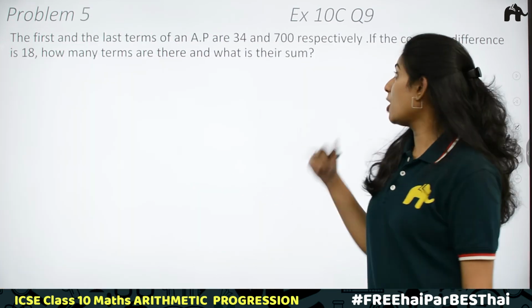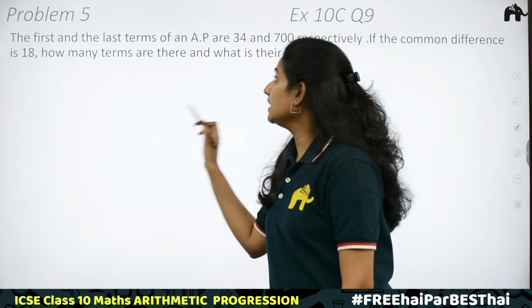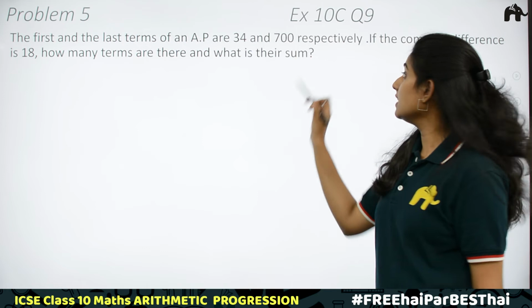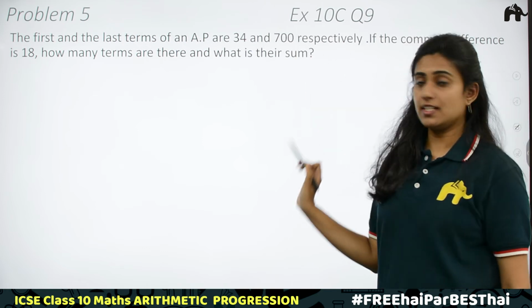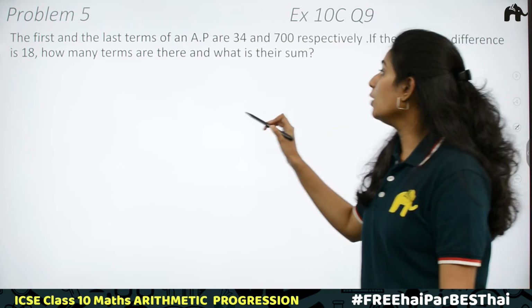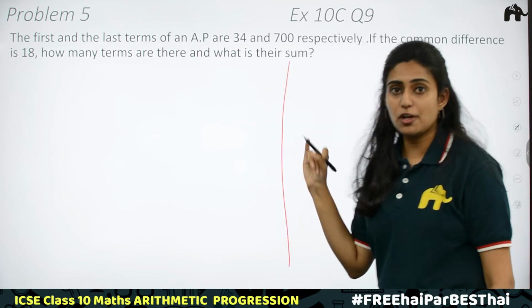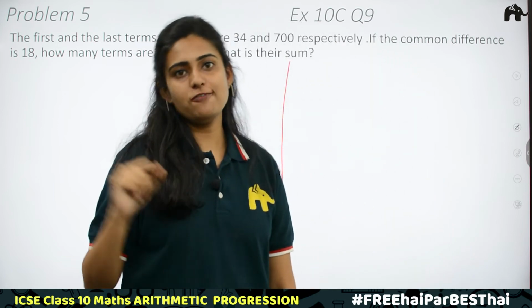Okay, next problem, question 9 of exercise 10C. The first and the last terms of an AP are 34 and 700 respectively. If the common difference is 18, how many terms are there and what is their sum? We have to find the number of terms and the sum of n terms.